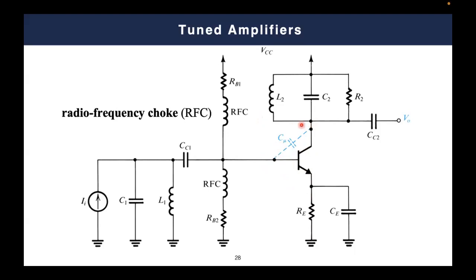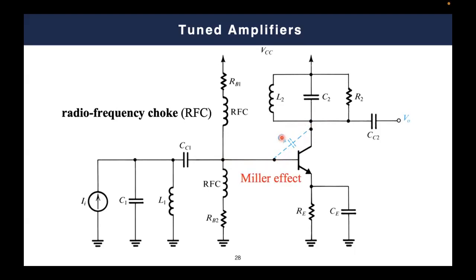So when you make the base collector junction reverse biased, that simply means you create a capacitance effect here. And the dangerous point is that this parasitic capacitance links the input to the output. So it seems like you have a bridge between your input and your output through this parasitic capacitance. This is what we call the Miller effect.